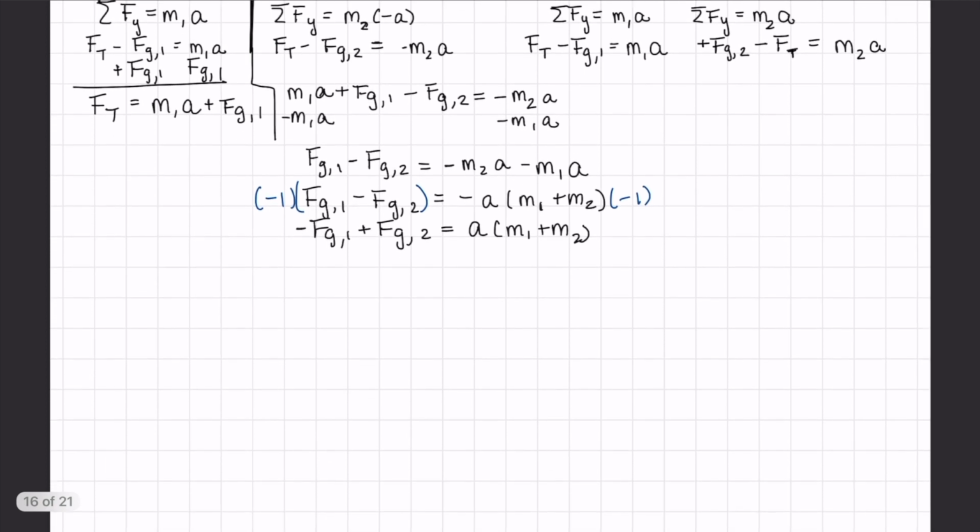But we can go ahead and substitute in that this will be negative m1g plus m2g equals a times m1 plus m2.